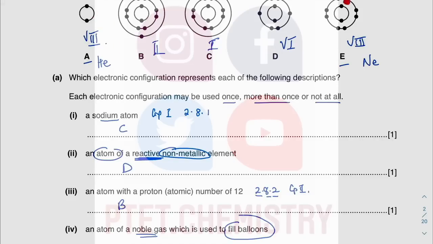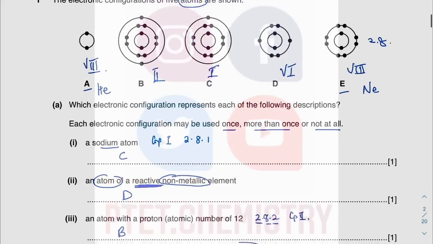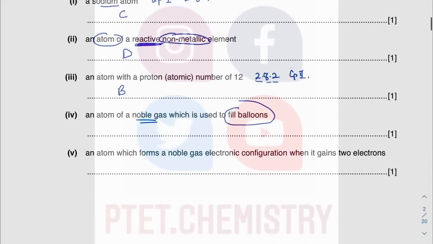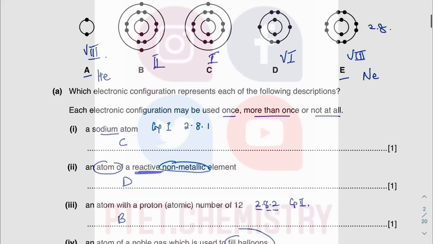There are 2 shells, so you look at the second period and it's fully filled, so it's all the way to the right, there's neon. Or you can check the configuration is 2, 8, and that will be 10 electrons, and because these are atoms, there will be 10 protons and there will be neon. Okay, so the one that is used to fill balloons is helium, and helium is labelled A there.